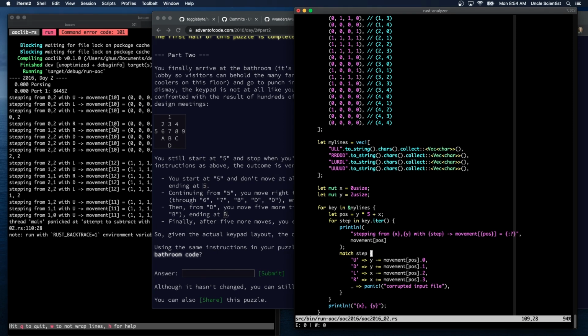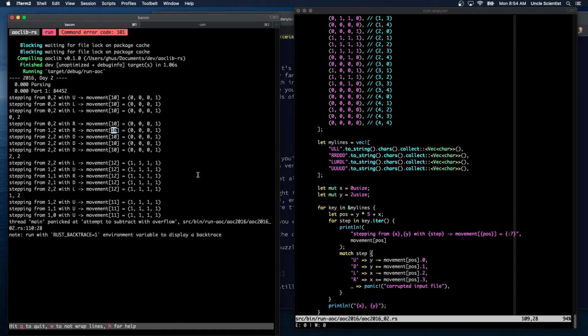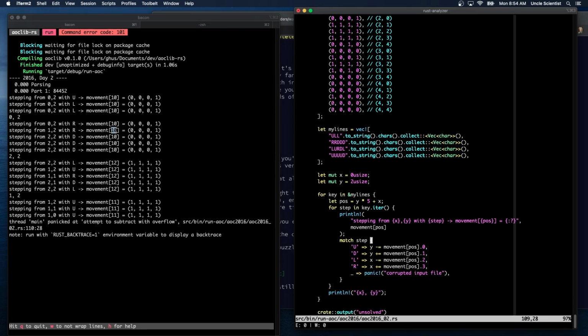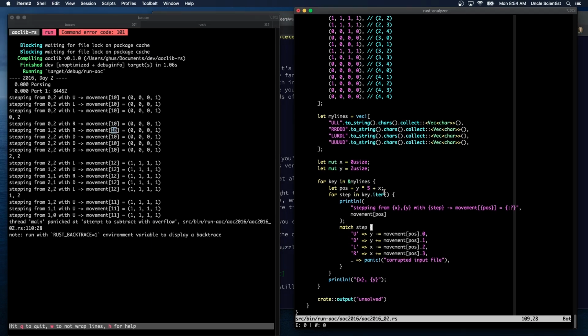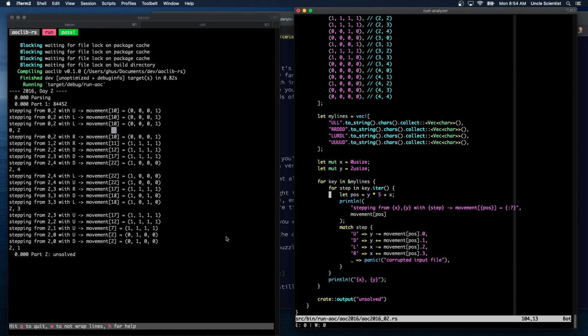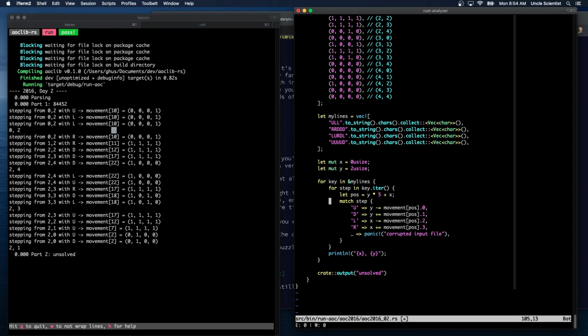It should move. Right? This shouldn't be 10 anymore. What am I doing wrong? Oh, each time. I got to do that inside the loop. There we go. That looks better. Okay, so now we can get rid of this print line.